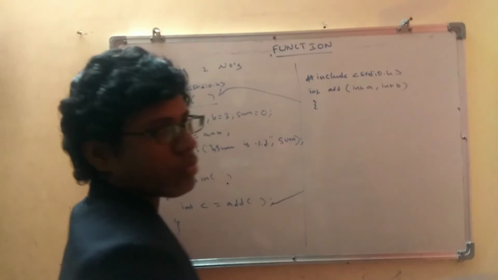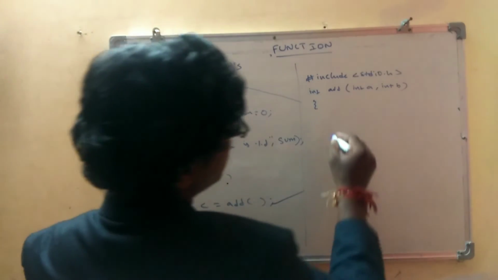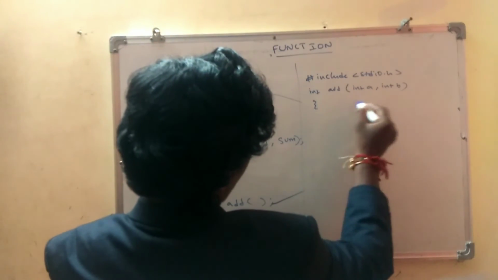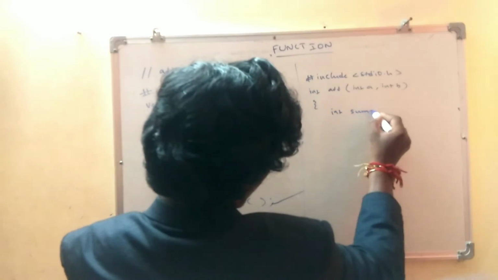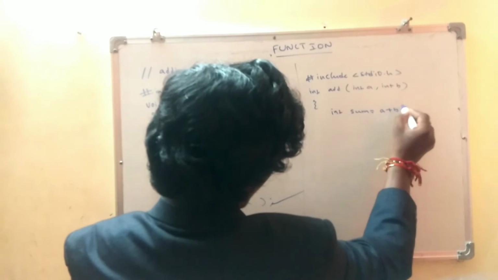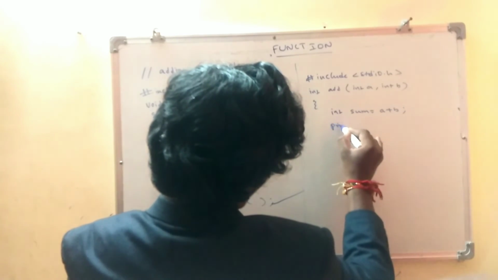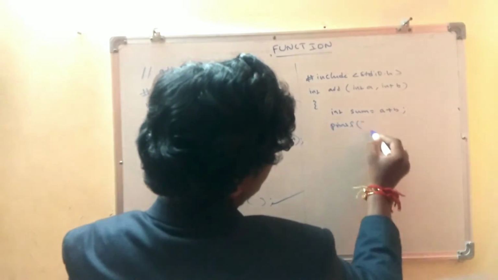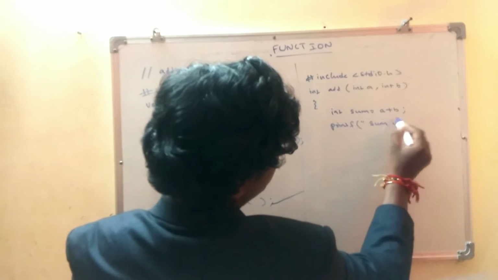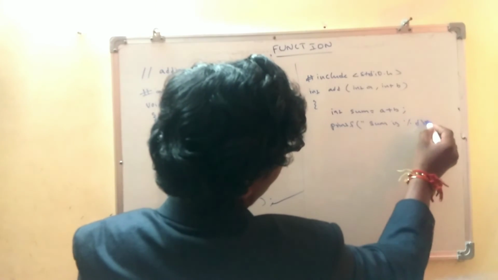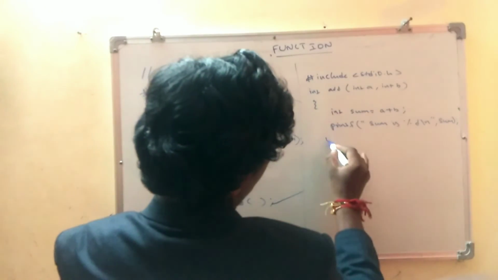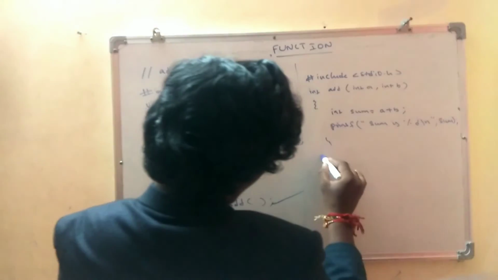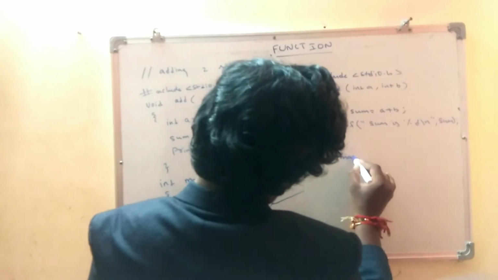Here I am taking two parameters. Here I am directly getting int sum equal to a plus b, and printf sum is percentile d, sum, and closing this. Here I am mentioning the main section, int main.